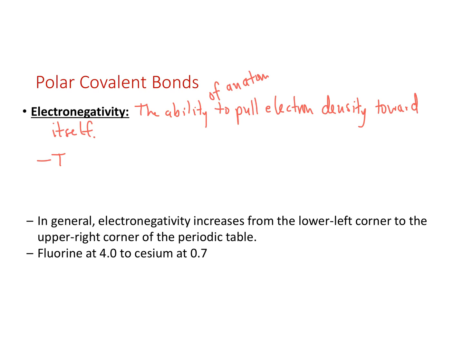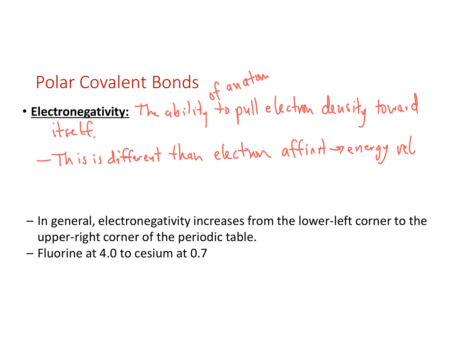Often, because we cover these around the same time, students get electronegativity and electron affinity mixed up. They are different, right? Electronegativity is different than electron affinity, which is the energy released when an atom gains an electron.